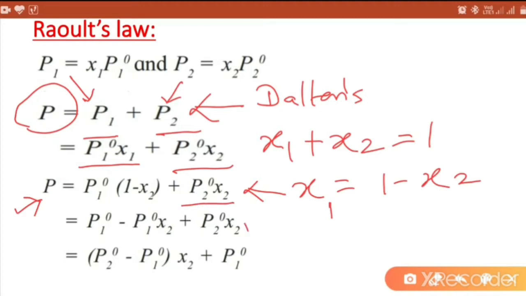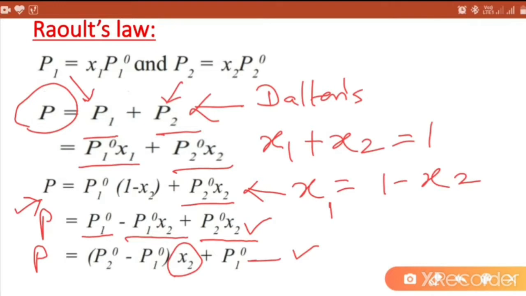After multiplication, capital P is equal to P10 minus P10x2 plus P20x2, and by removing the common factor x2 we get capital P is equal to in bracket P20 minus P10 bracket complete x2 plus P10.